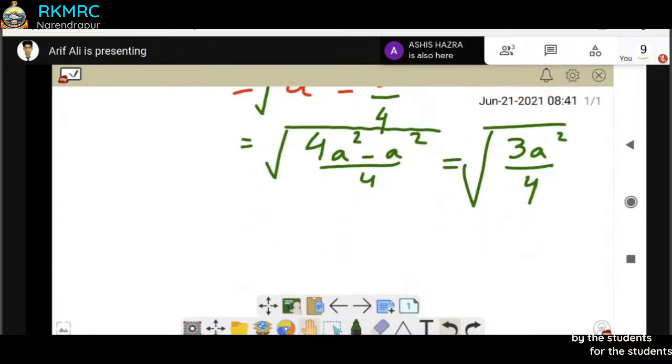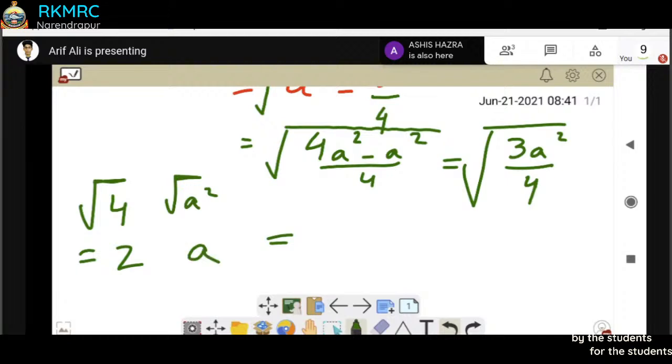Root under 4 is 2, and root under a square is a, so root 3 remains, root 4 becomes 2, and root a square becomes a. So you can see this formula is for equilateral triangle when all the sides are same.